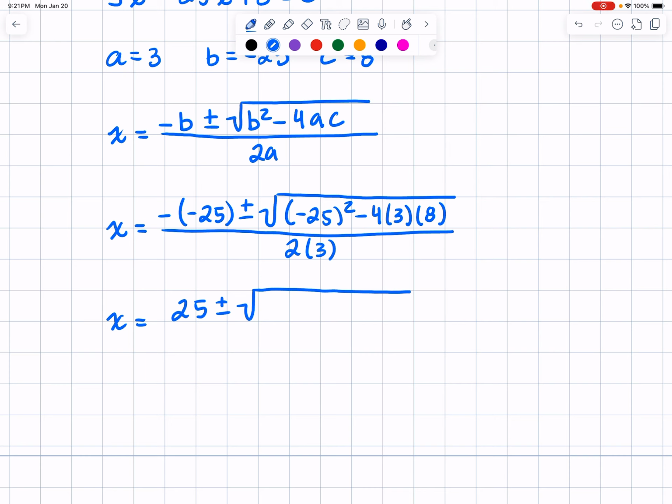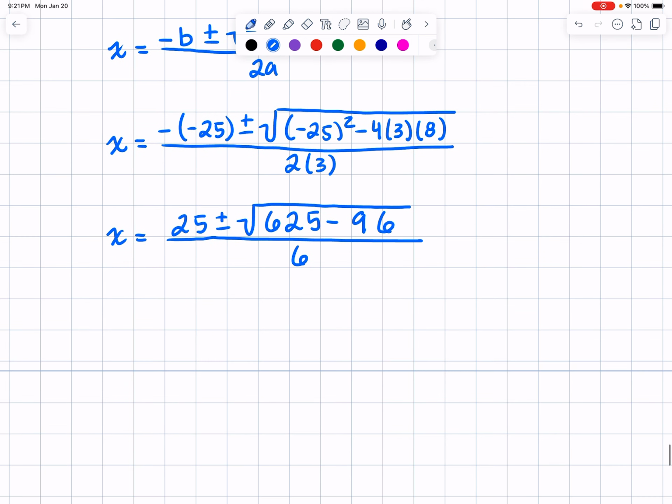If you put negative 25 squared into your calculator, you will get 625 minus 4 times 3 times 8. If you put that in your calculator, you will get 96 all over 2 times 3 is 6.